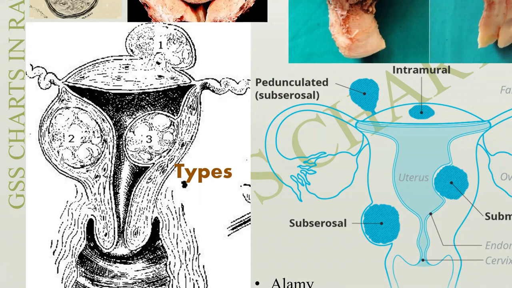In this, it is right in the middle of the muscle. I would call it intramural fibroid. And here it is becoming pedunculated. Here also, but it is subserosal. This is submucosal in this case, and it is subserosal in this case. I would like you people to kindly draw these pictures.